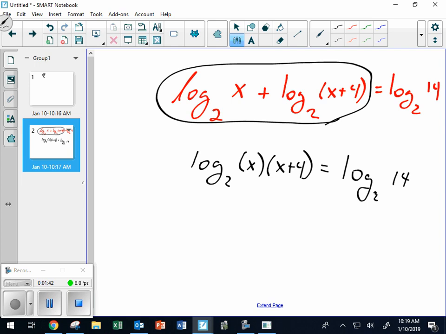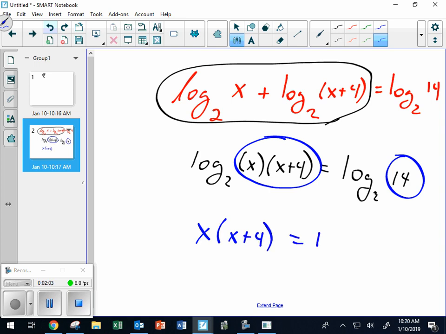Now that I've got it down so there's one log on each side, since they're the same base, it isn't really that these are canceling, but it's kind of like that. It's that the things on the inside, the arguments, must be equal. Right? So now I've got x times x plus 4 is equal to 14.